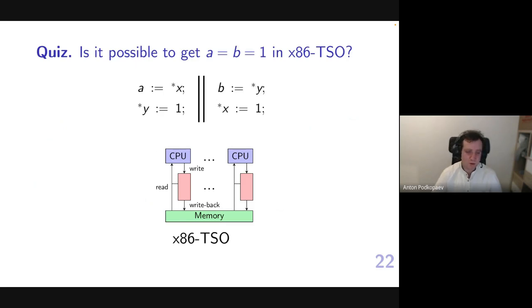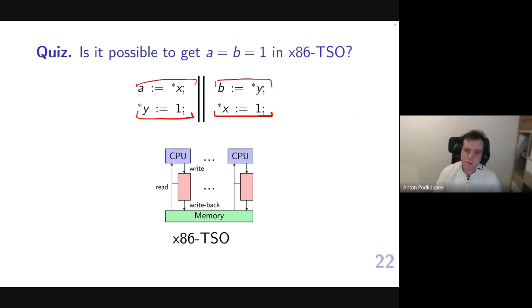Here is a quiz for you. You could think about it during the talk. Here we have a slightly different program. Instead of doing writes as the first instruction, we do them as the second instruction, and we do reads as the first instruction. As always in this talk, all shared locations are initialized by 0.